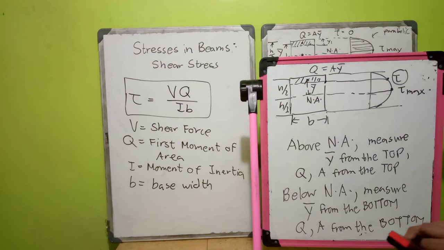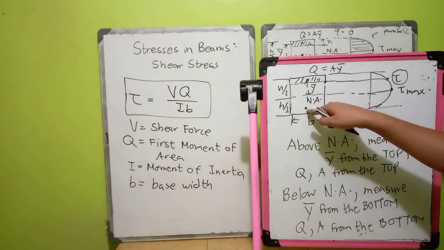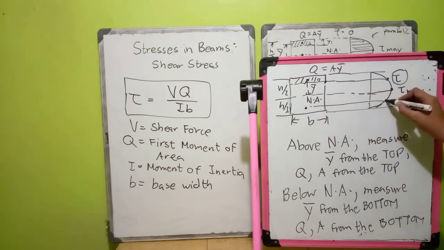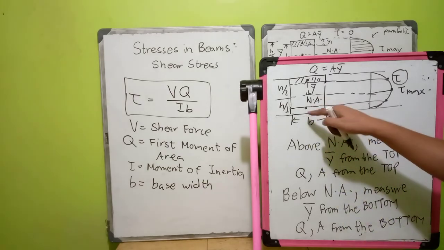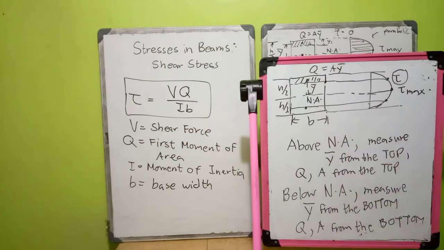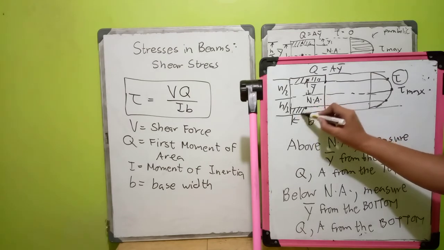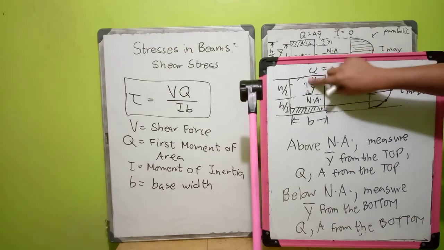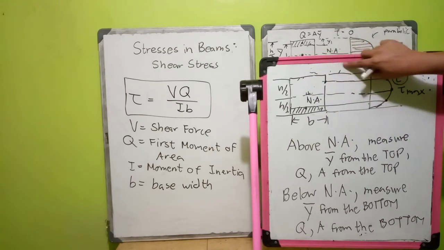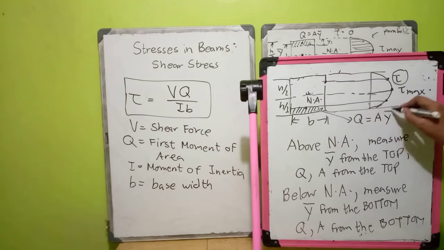So let us say the location of your point is, you want to know the shear stress of this point. So you draw a line from that point, and then from this point downward. If it is located below the neutral axis, you form an area. So you compute now from the bottom your Q as A multiplied by Y bar.